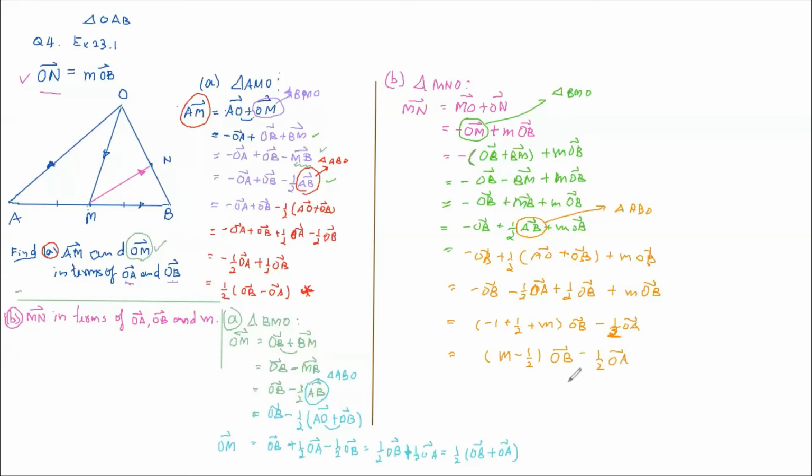No, I think that's the final answer for vector MN. So we finish question B, the vector MN in terms of OA, OB and m.